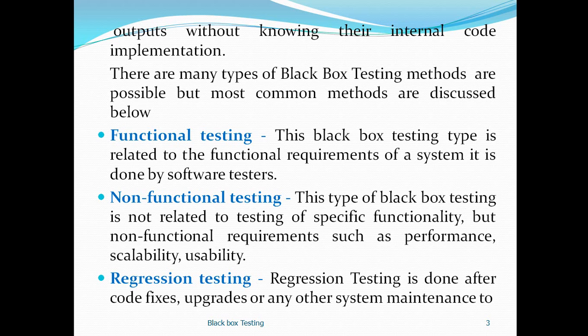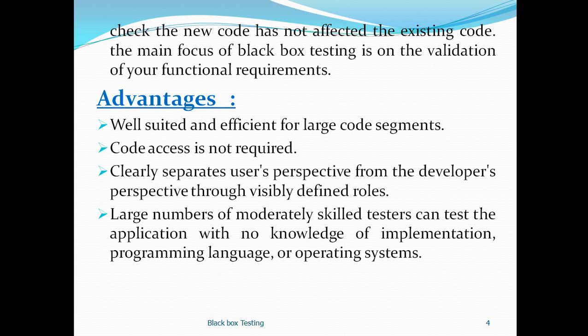First look at the definition. Regression test is done after code fixing, upgrades, or any other system maintenance to check that the new code has not affected the existing code.